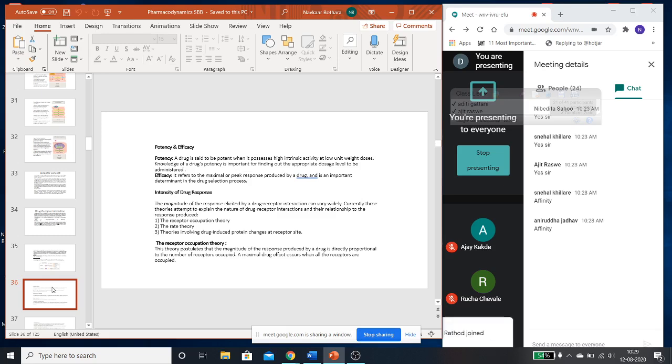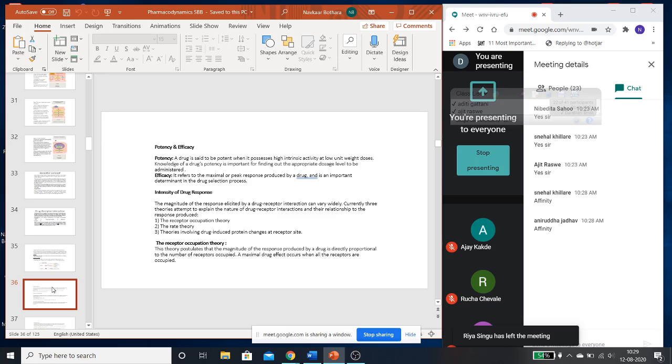There are drugs active in microgram, drugs active in milligram, drugs which need 100 milligram, and doses which need up to 500 milligram. So some are potent, and those which require a higher dose are less potent.